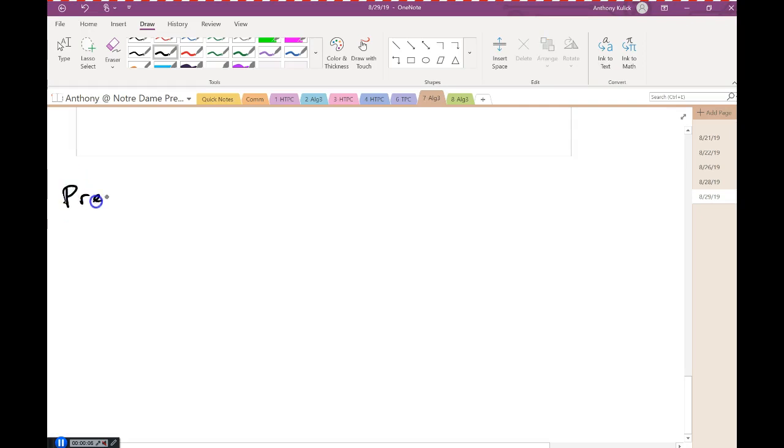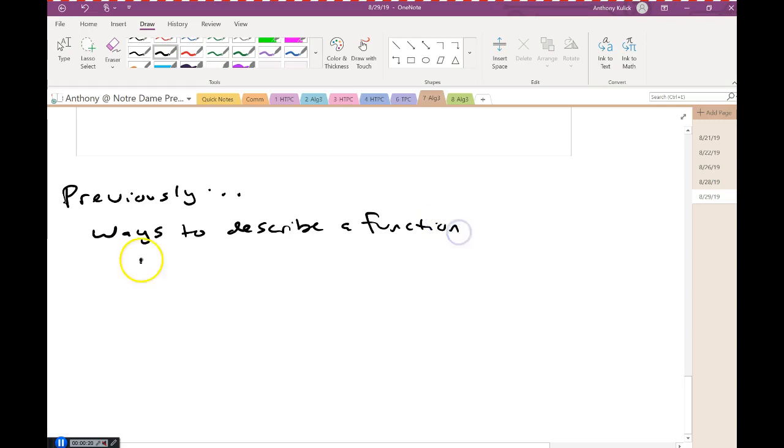So previously, we talked about ways to describe a function. We talked about domains and ranges.